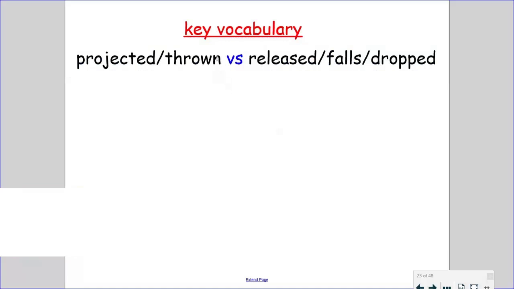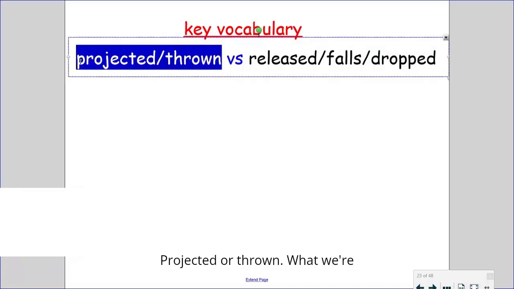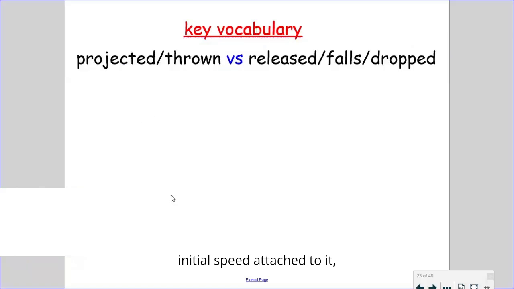When we say projected or thrown, what we're saying is the moment the object starts in motion, there's a force being applied, which forces it to travel at a speed. Because when we throw something, we apply a pressure to it. Or if we throw something down, then we are applying a force to it, which allows it to start off with a certain speed. So because projected or thrown or any other similar word means it's starting off with a motion, it's starting off with a force, there will always be an initial speed attached to it.